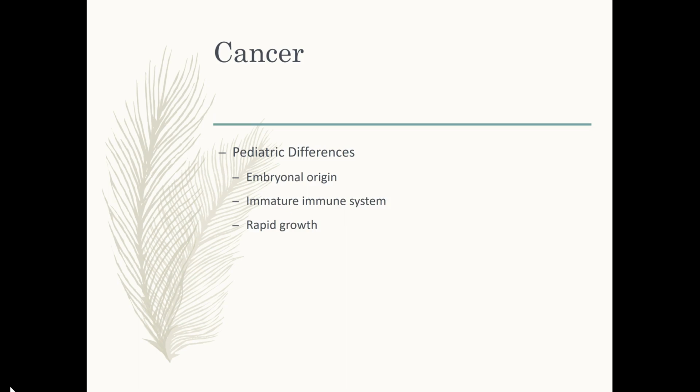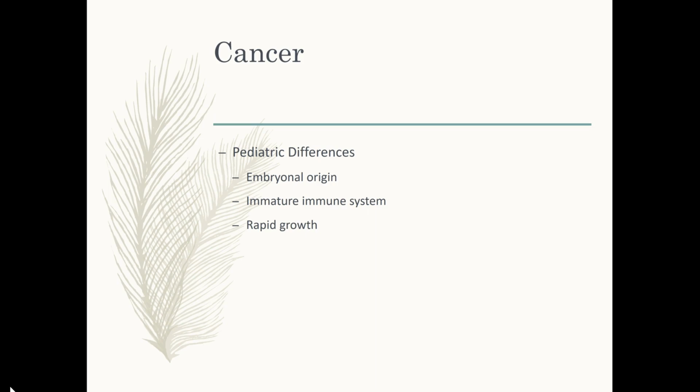Pediatric differences from adult cancers is that it has an embryonal origin, so basically it comes from the embryonal nerves, versus in adult cancers it usually arises from the epithelial cells. In pediatrics, they have an immature immune system, so they cannot get rid of mutated cells as well as adults can.